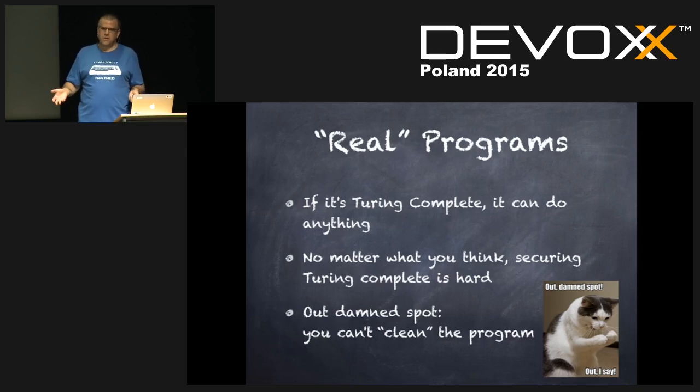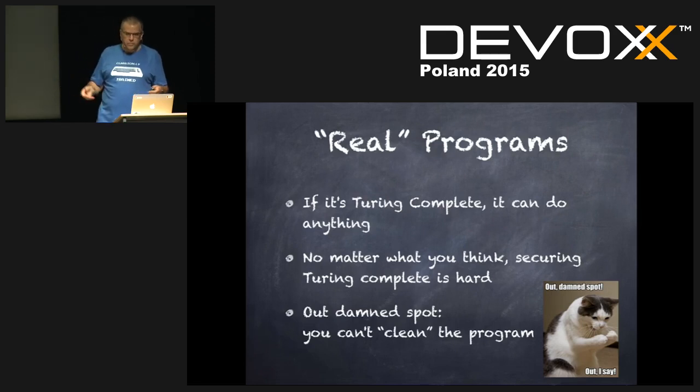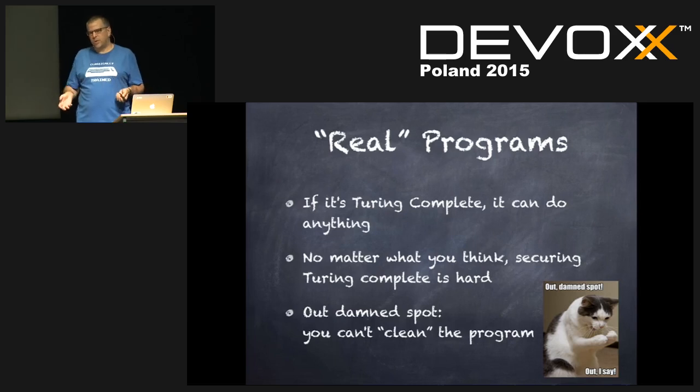It turns out there was a mistake in the regular expression, and a couple of curly braces in a particular order caused it to say, oh, that's fine, even though it wasn't fine. So trying to clean a program by pre-interpreting its contents and cleaning out the stuff we don't like is a traditionally very bad way of doing security.